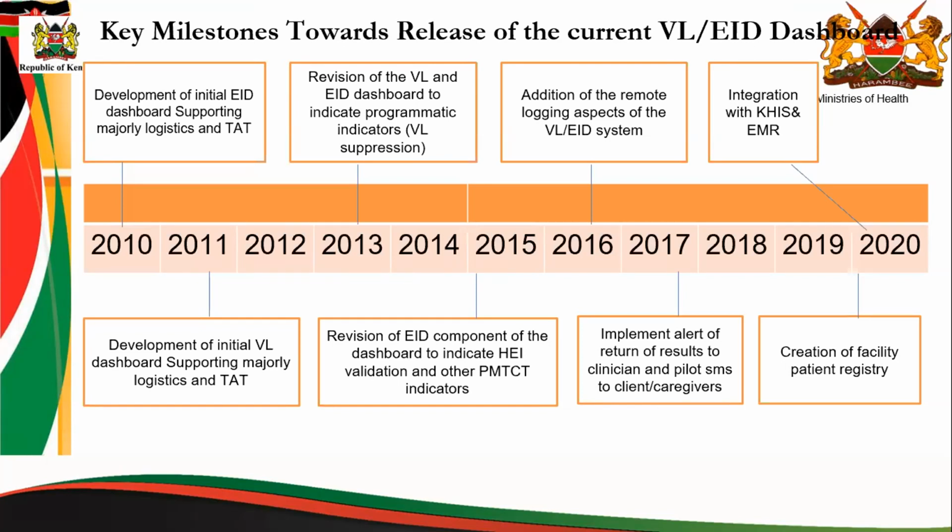Because we have a lot of information that we require for use to especially calculate the 90-90-90, there was need to have it integrated with our aggregate system, that's KHIS, as well as be able to have longitudinal data about our client. And that is the reason why it was integrated with the EMRs. Then we are also looking at creating a facility registry for ease of exchange of information for clients between different systems that are sitting at facility level.